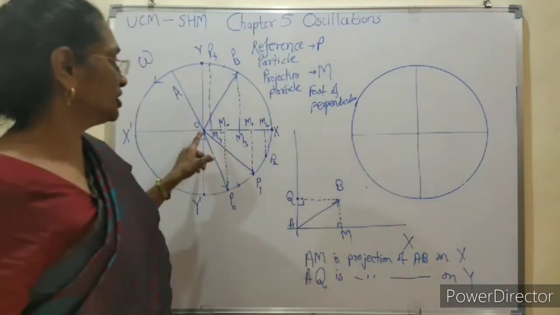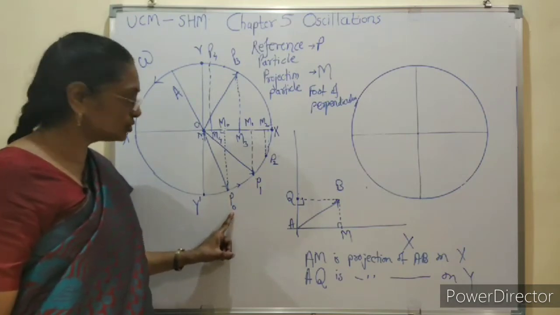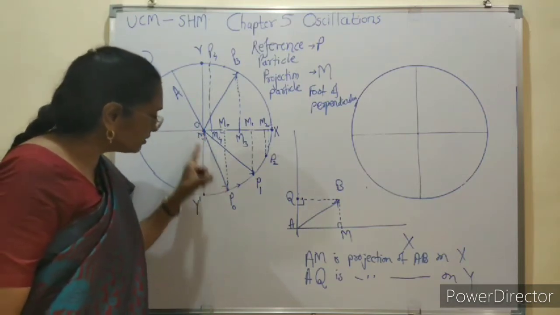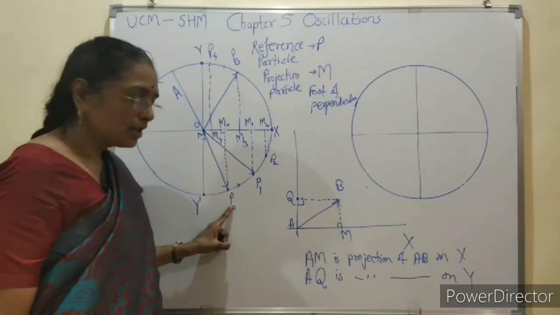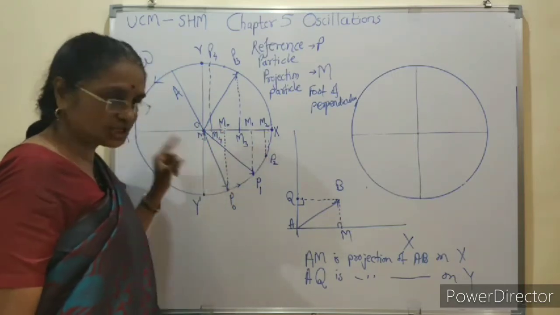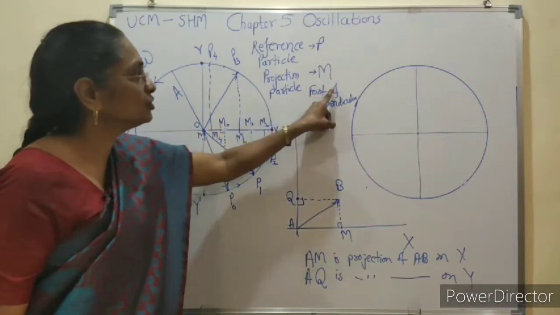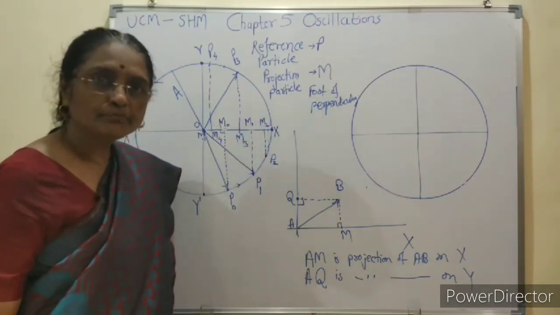In our discussion, when we consider the P0 position, its position vector is OP0. We have drawn a perpendicular on x dash. Here M0 is the point of intersection. It is the foot of the perpendicular.